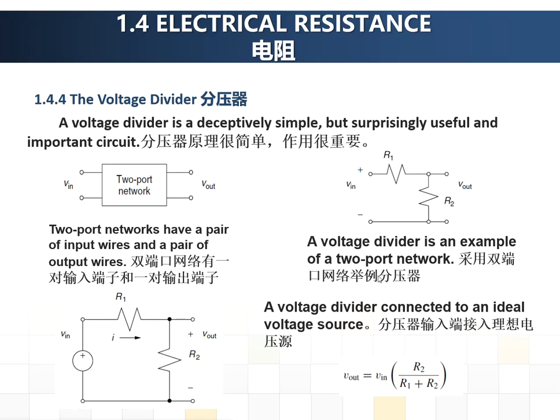If the voltage divider is connected to an ideal voltage source, Vout is equal to Vin, the input voltage, multiplied by R2 divided by the sum of R1 plus R2, which means the output voltage is equal to the voltage across the resistance R2.